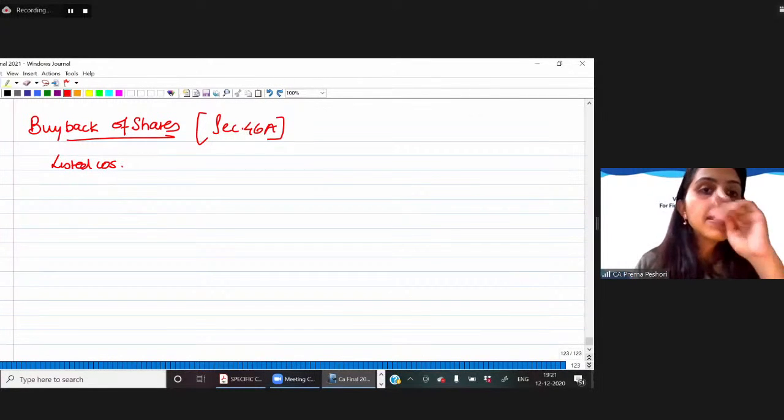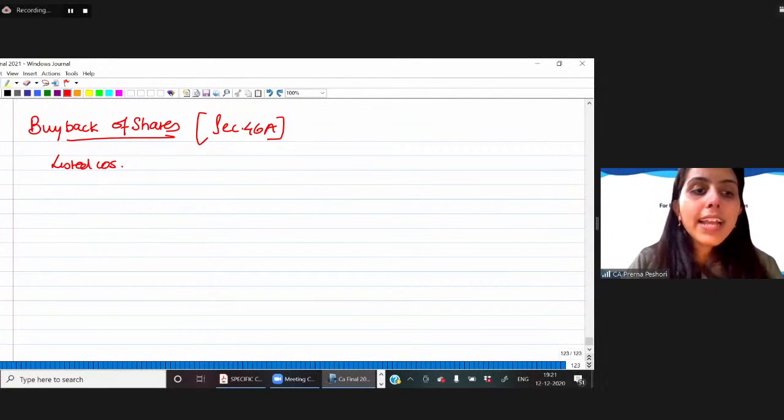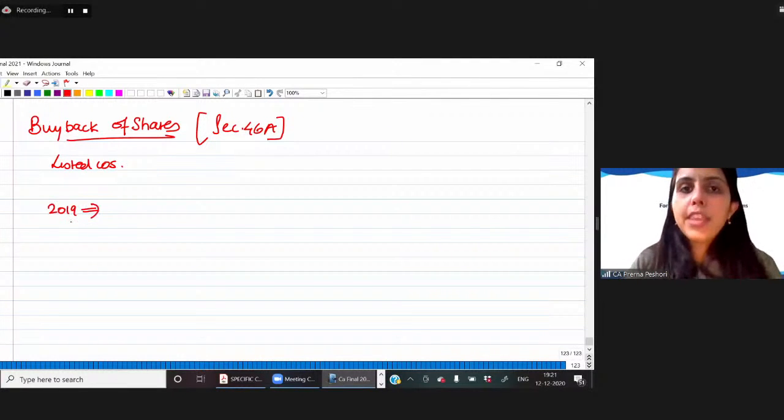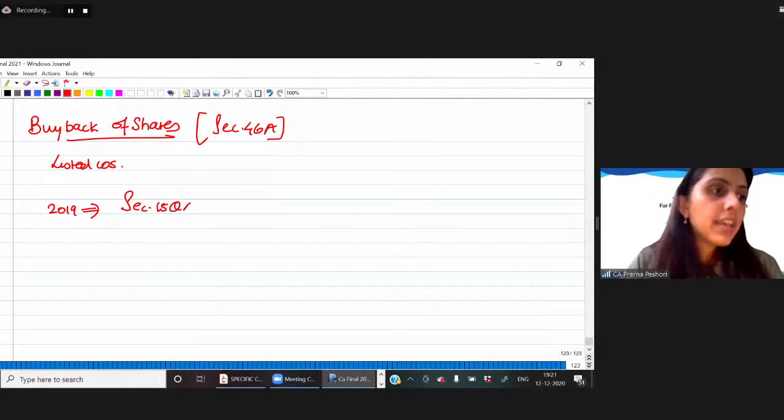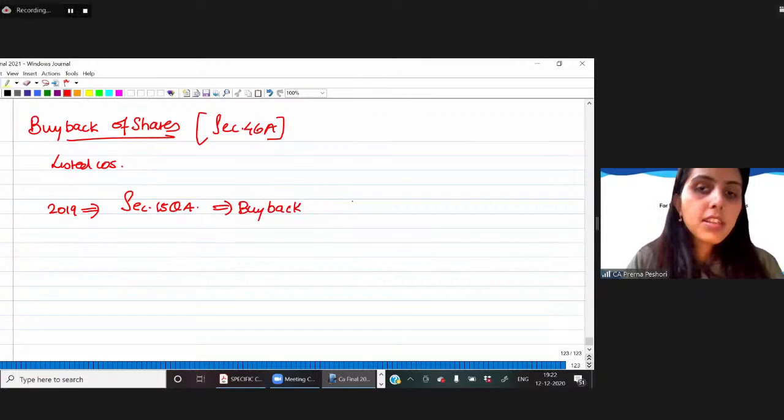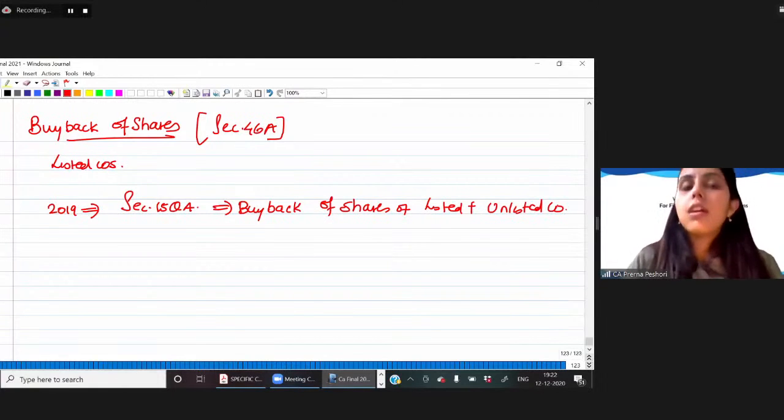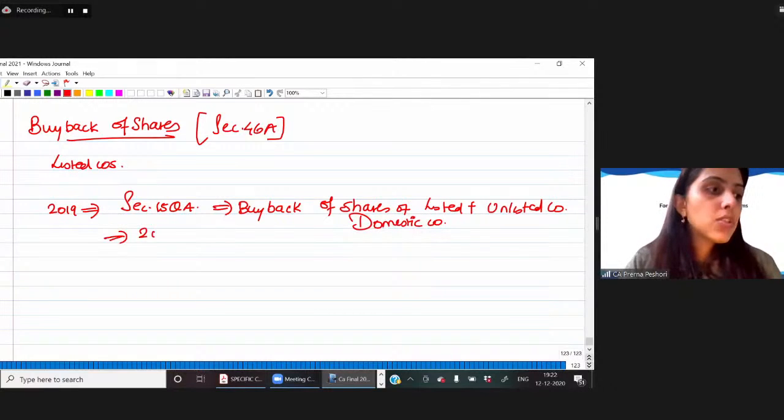Now, from 2019 onwards, section 115QA is applicable on buyback of shares of listed plus unlisted domestic companies. And there the tax rate is 20%.